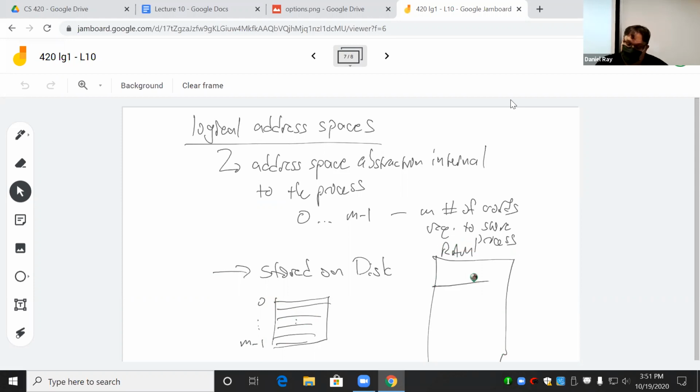There's already a program running here, and another one here. Look, this hole is equal to m or larger, where m is the size of this logical address space. So I'm just going to plunk this whole thing right in that gap, and then I can begin executing that program.